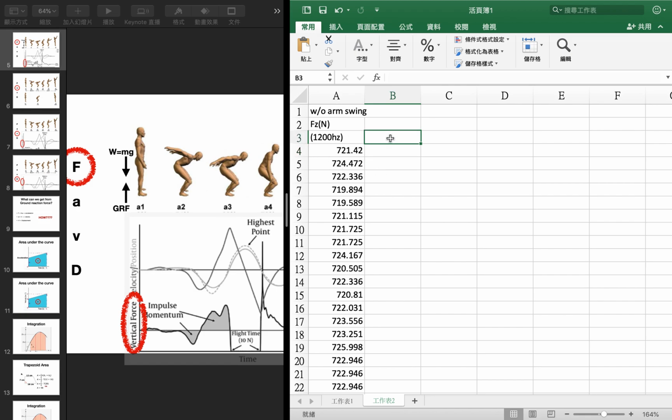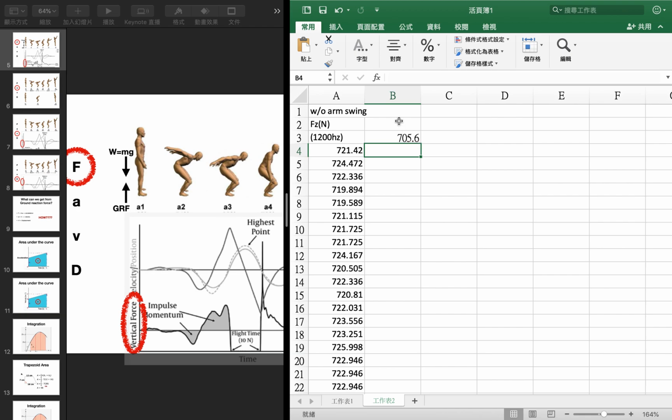I'll tell you that my body weight equals 72 kilograms. But that's in Newtons, right? So we need to get 72 times 9.8, to get 705.6.